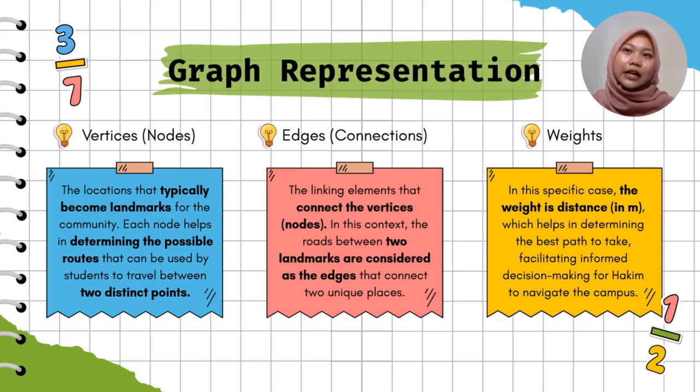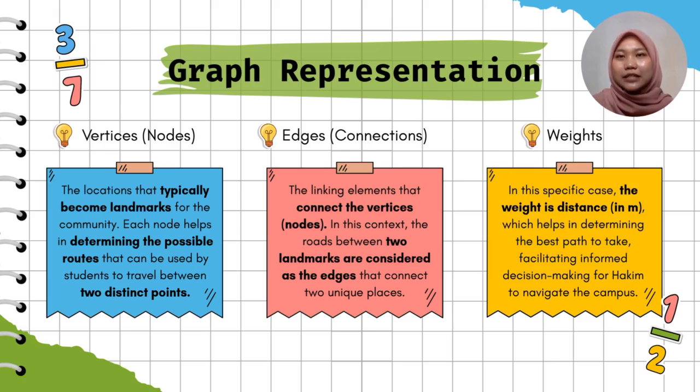Moving on to the graph representation, to analyze Hakim's problem, we can represent the campus as a graph. So now we divide it into three parts. The first one is vertices, or nodes. Each node represents a landmark in IPG KPT, such as the mail block, TVET conjunction, laboratory block, library, and so on.